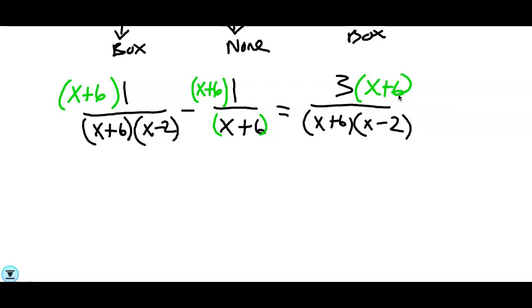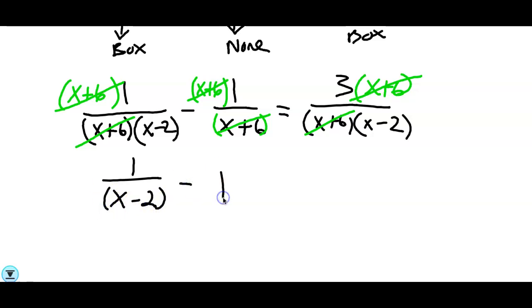Okay, now every one of these is going to have something cancel, right? Boom and boom, boom and boom, boom and boom. Let's write it fresh. What's left here, you guys? Just a 1. There is no more fraction there.